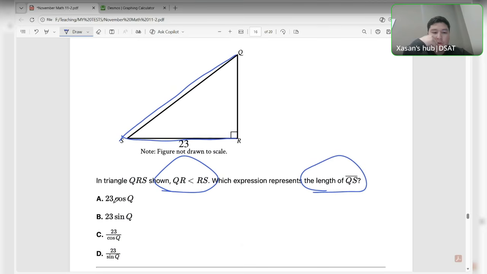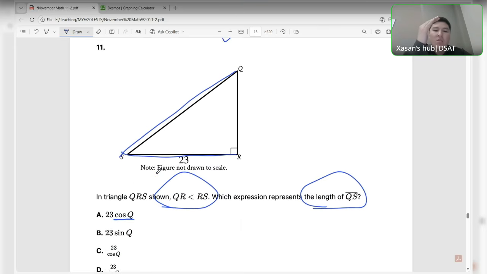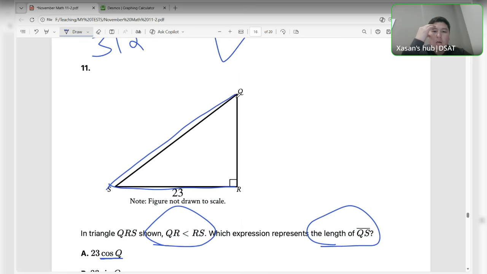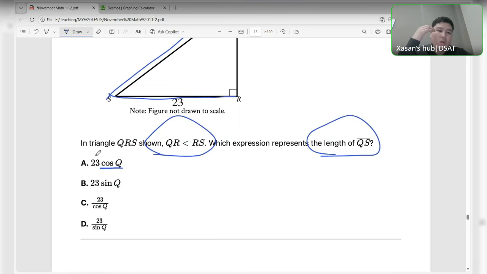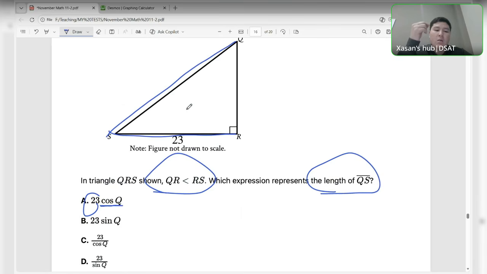Cosine Q. Okay, cosine Q, find the cosine Q. We know that cosine is the adjacent divided by the hypotenuse. But if you use it, we are going to use QR, which is not necessary here because we don't have anything related to QR. We have 23, which is RS. So I'm not going to use cosine.